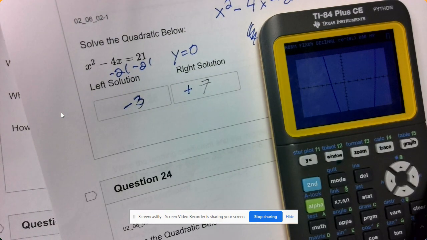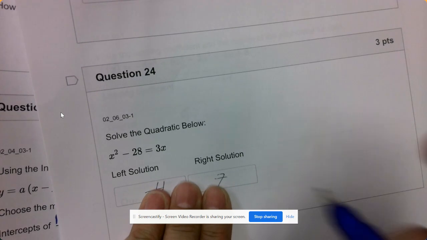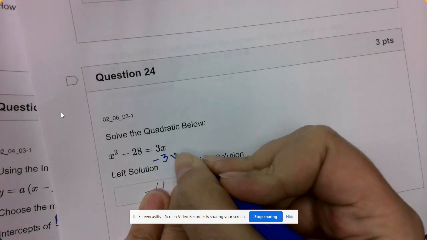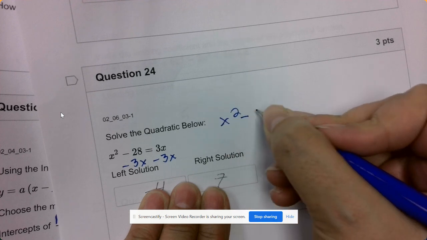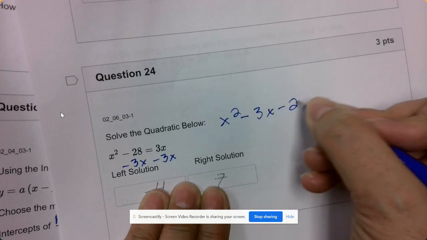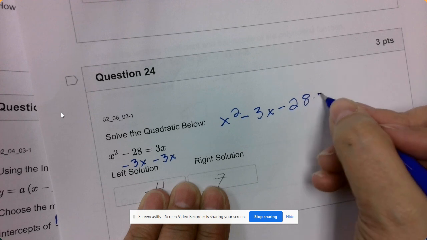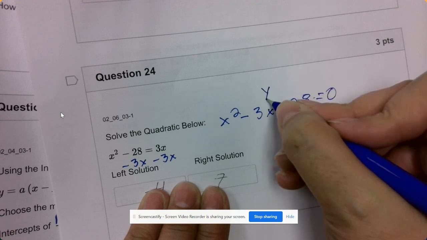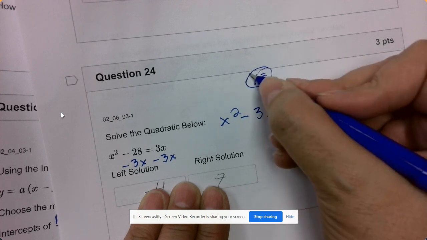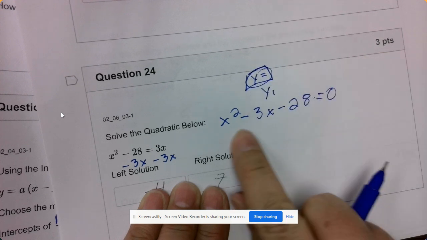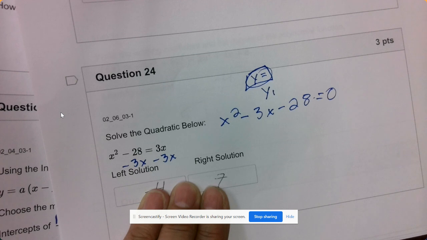Okay, same for this one, everybody. So we can just subtract 3x from each side. So I'm going to get x squared minus 3x minus 28 is equal to 0. So everybody, I'm going to go y equals. I'm going to click on that. I'm going to graph it. Okay. And then I click graph.